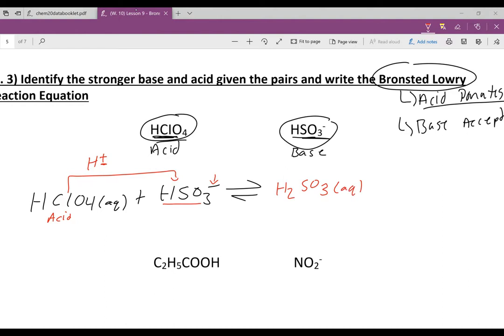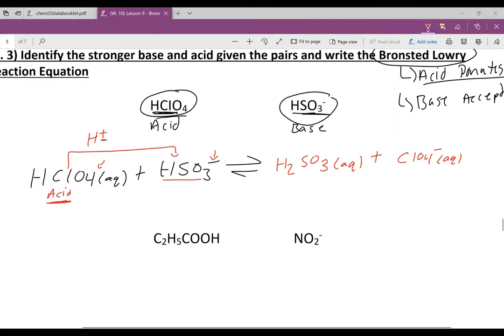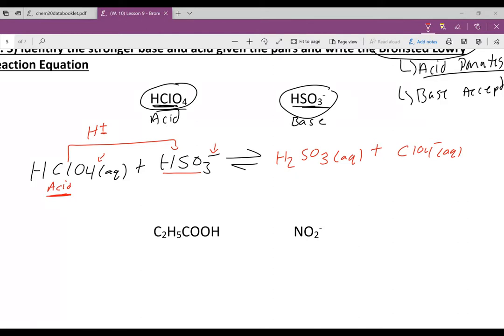And now we understand that this acid here has lost a H+, so now it's just going to be ClO4 negative, okay? And it's negative because originally it was neutral. It lost a positive charge, therefore now it's a negative charge. Okay, so we can learn a lot from this question because now we know that this is a base.